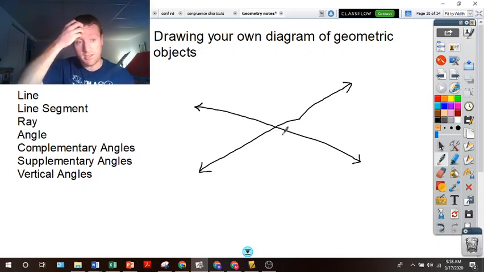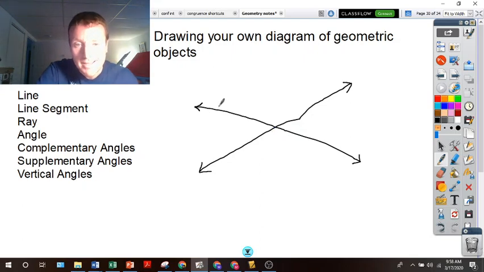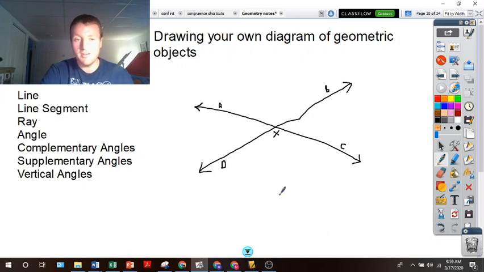I'll need to start labeling so we can name. Let me put an A over here, a B, C, D. I'll put an X in the middle, because why not? So we can cover a lot of our bases here, because we've created a bunch of angles.